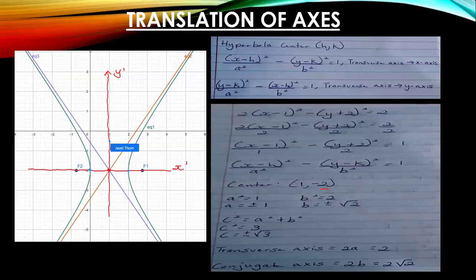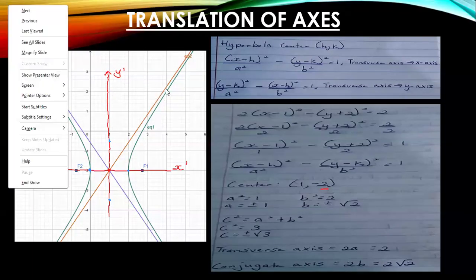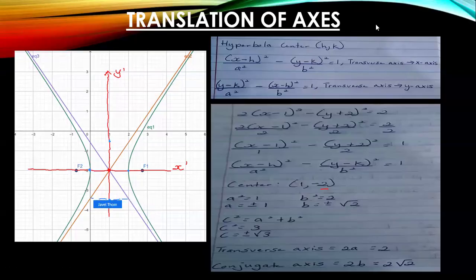From the origin you move up, and from the origin you move down. This is going to be the negative value for b, so we have negative 1.4. That's here. Now we can draw some broken lines to form a rectangle to connect the points.